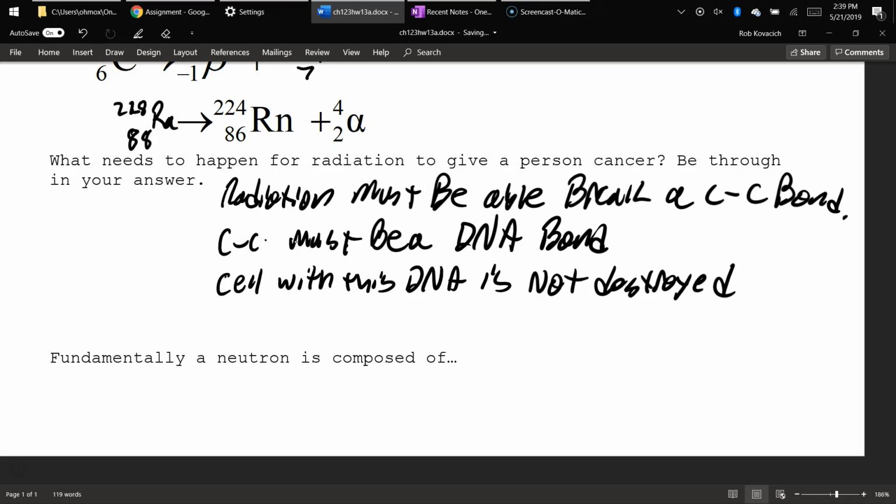So we need to think about that in two ways. I have a carbon-carbon bond breaking on the DNA during some kind of either mitosis or protein production. If that thing breaks, the cell might just die. The other thing that might happen is the cell does something it's not supposed to do, and what does your body do to the cell?